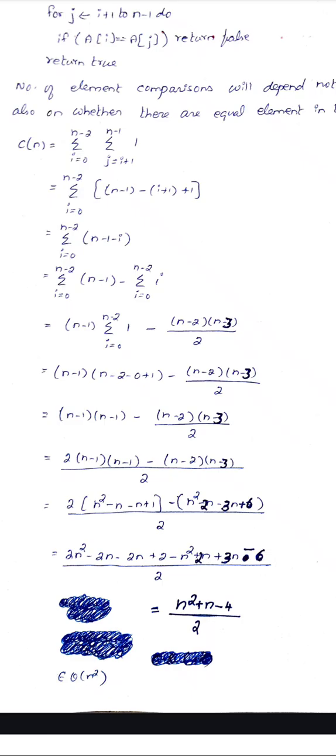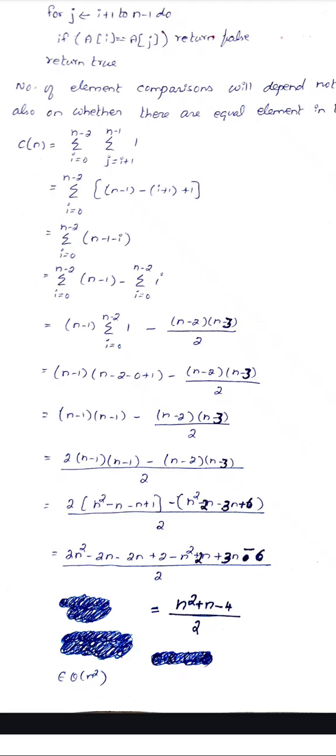Why has that become n minus 3? Because that is nothing but n minus 2 to I plus 1, I plus 1 to n minus 1.